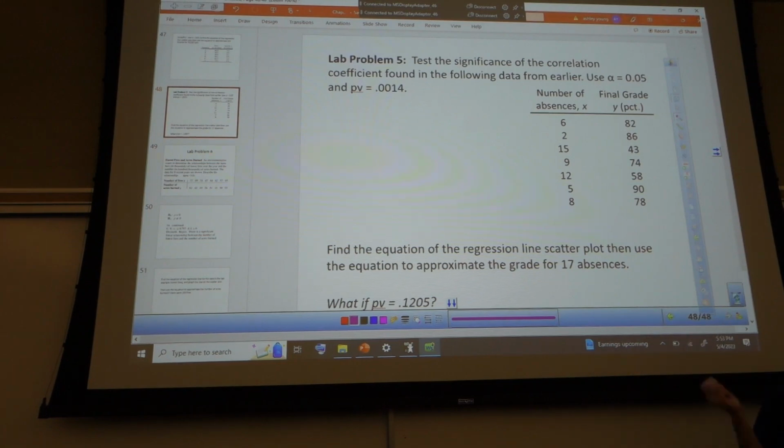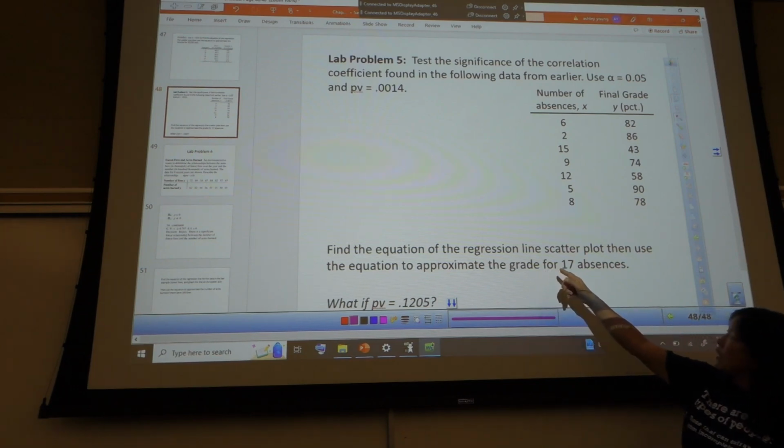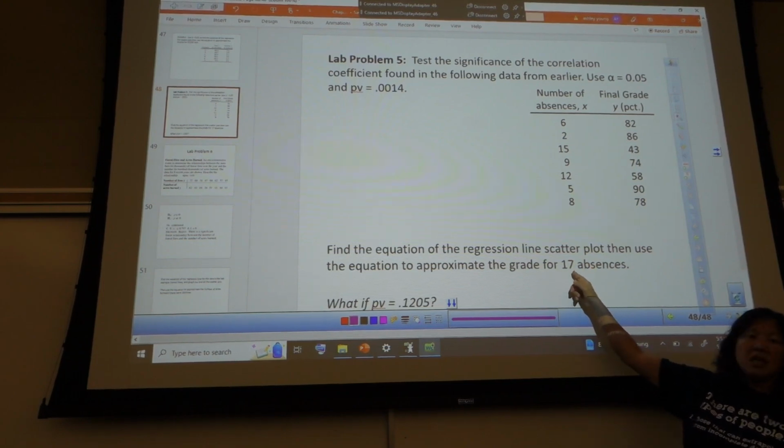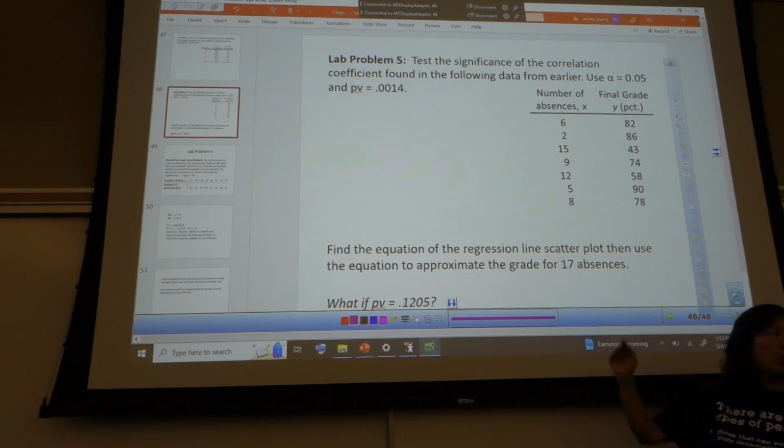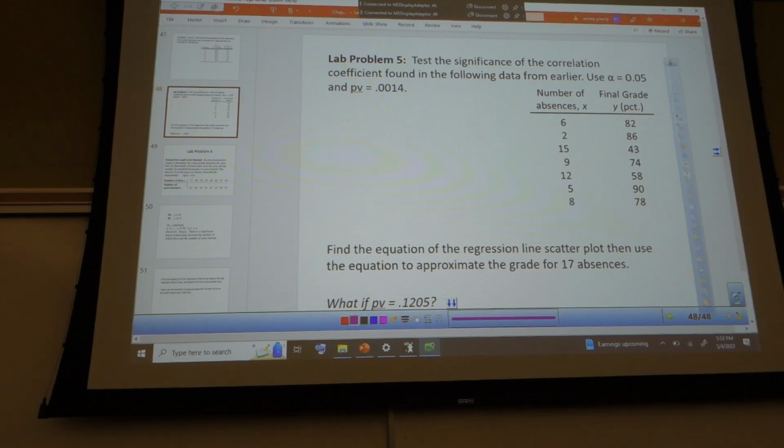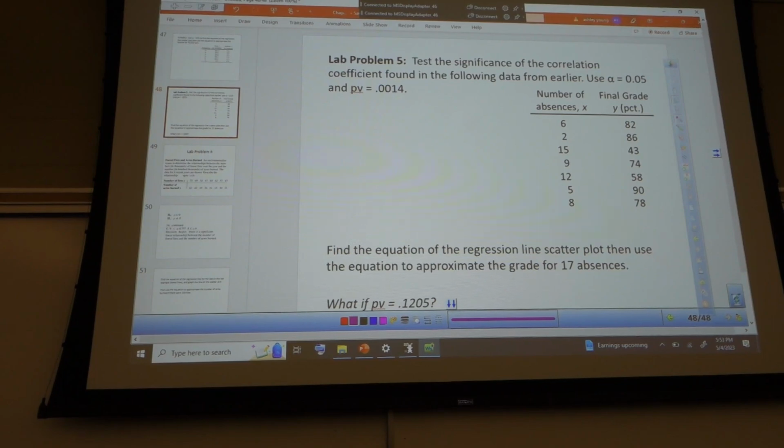Step 3 you already did, so just plug those values in from step 3, then find the equation of the regression line with y equals a plus bx, and use that to approximate the grade for 17 absences. Is 17 absences my x or my y? It's my x, so we're going to put in 17 for x and find the y. All right, so go ahead and do your hypothesis test, and predict the grade for 17 absences.